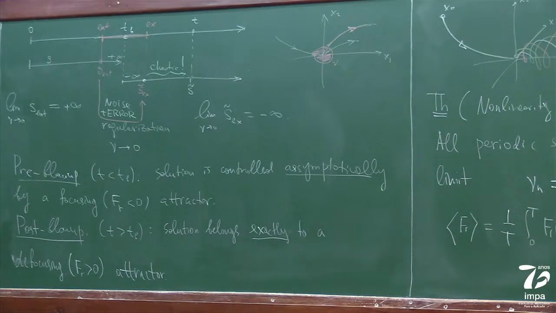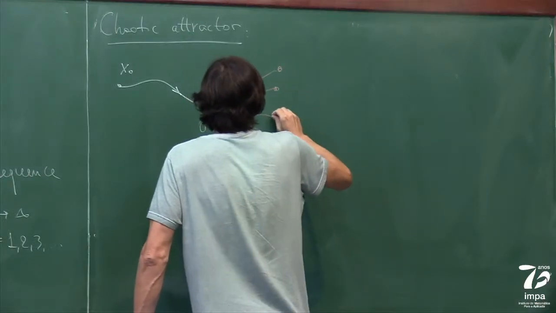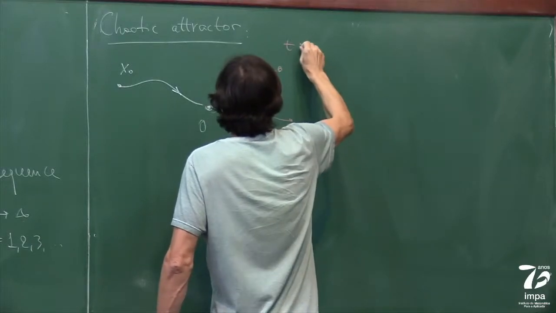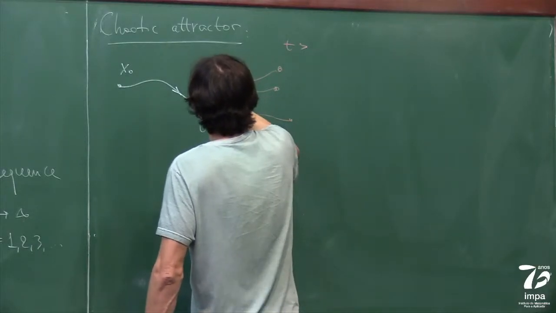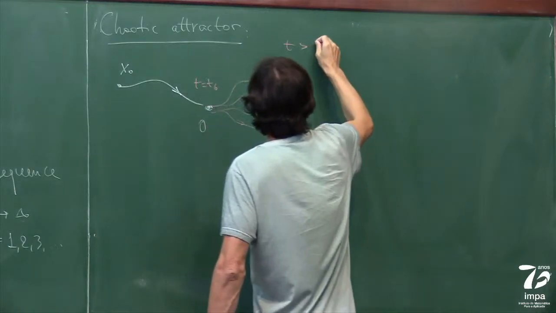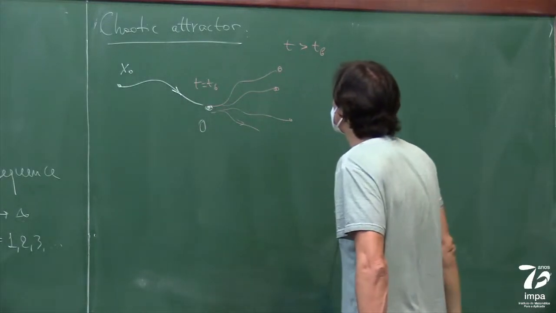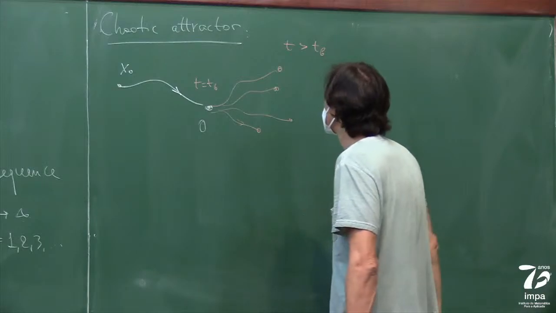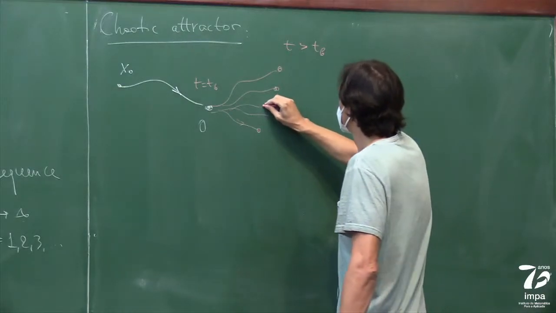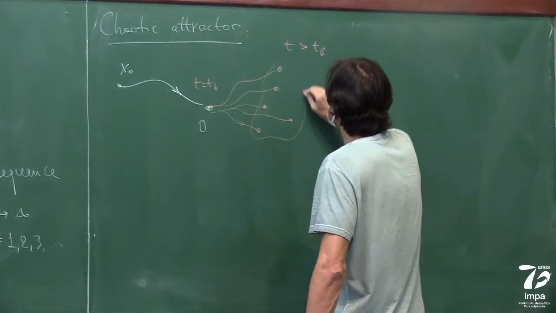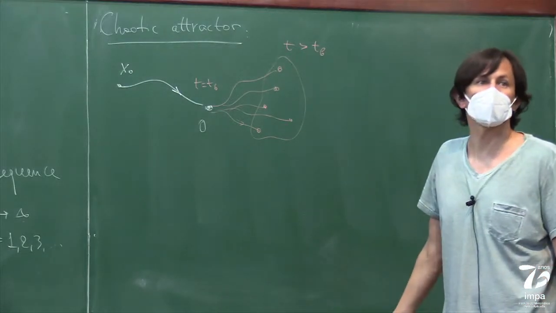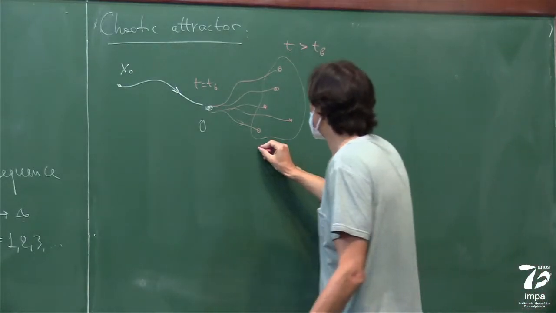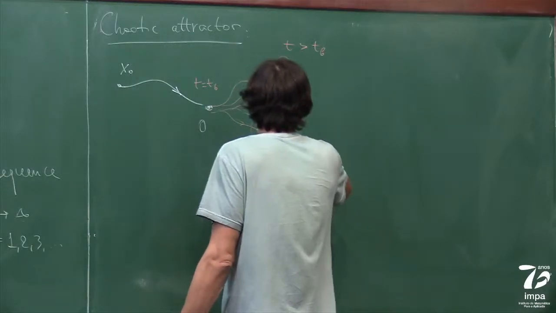And whenever you fix a time, so you consider some time, this is at t equal tb, whenever you consider some fixed time t bigger than tb, your solutions are random. So they are described by a certain probability measure.